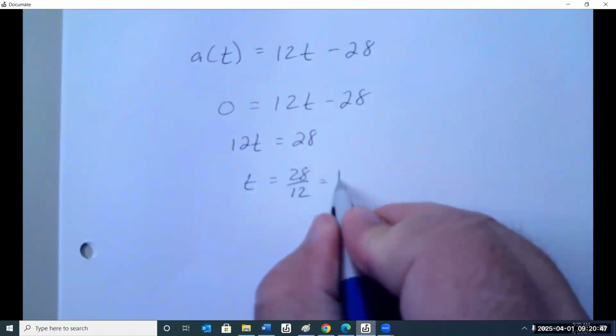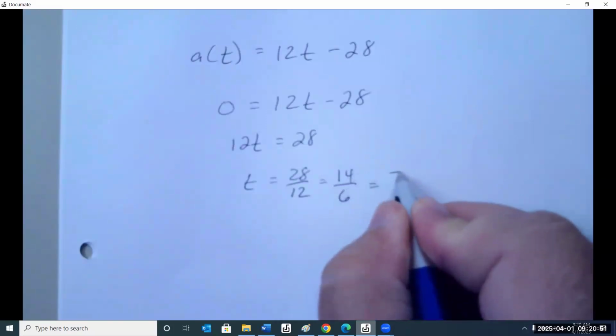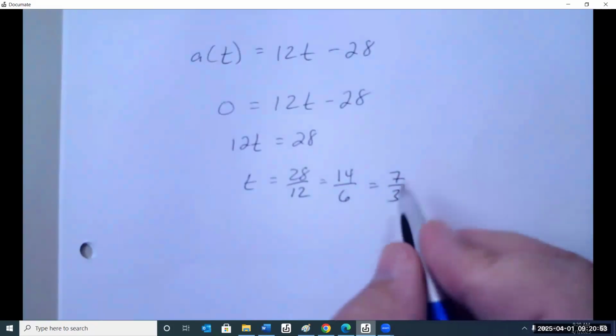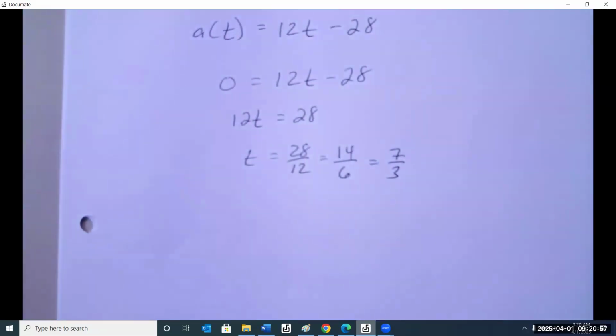They both have a 2 in common. So my function equals 0 at 7 over 3.